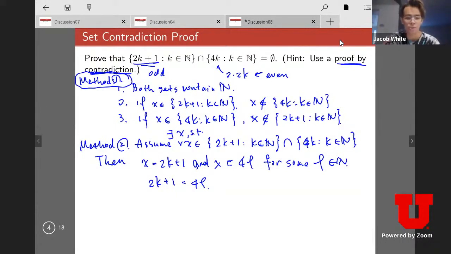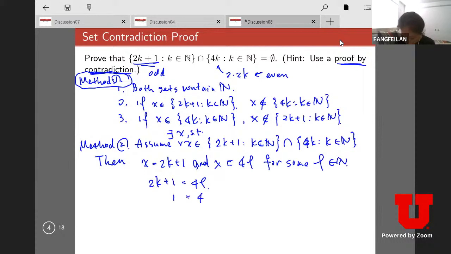So how should we do it? Right, okay, so let's keep going. Somebody said factor out a 2. Yes, that is what we're going to do. Let me move the 2k to the other side. Subtract 2k on both sides, we get this.